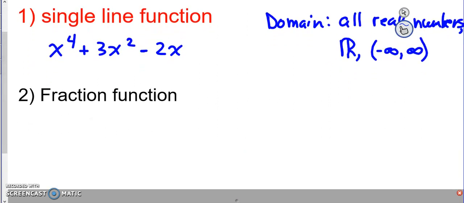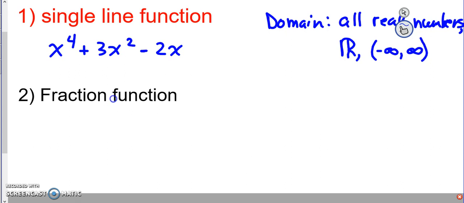Whenever we have a fraction function, that's something like, for example, f of x equals 1 over x. A fraction function, something like that, or it could be even more elaborate, and we're going to talk about an example that's even more elaborate.